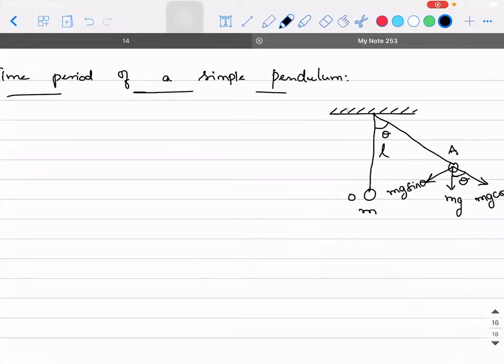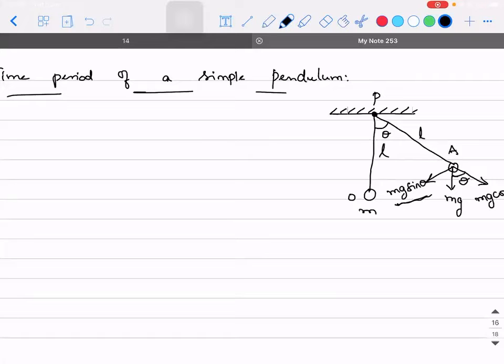When I say translatory, it should be in a straight line path. Rotational, sir. It is rotational motion, right? Remember this point, let me call it P. It is due to the mg sin theta that the bob is coming back to its original position.